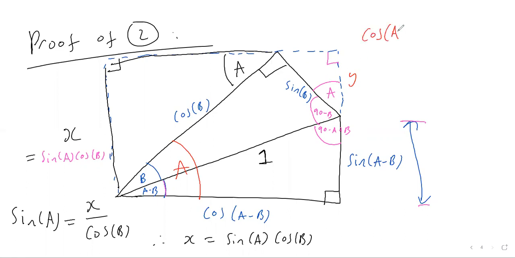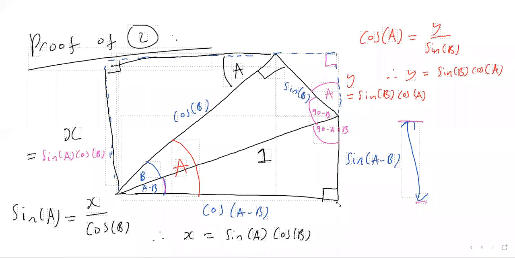So cos of A is the adjacent Y divided by the hypotenuse sine B. And so therefore, Y is equal to sine B times cos A. So this length going from there to that is sine B cos A.